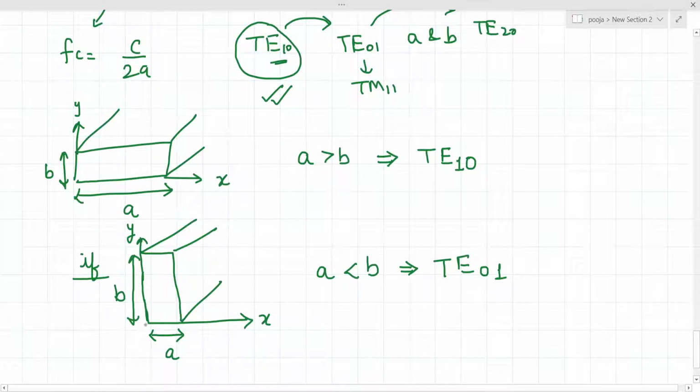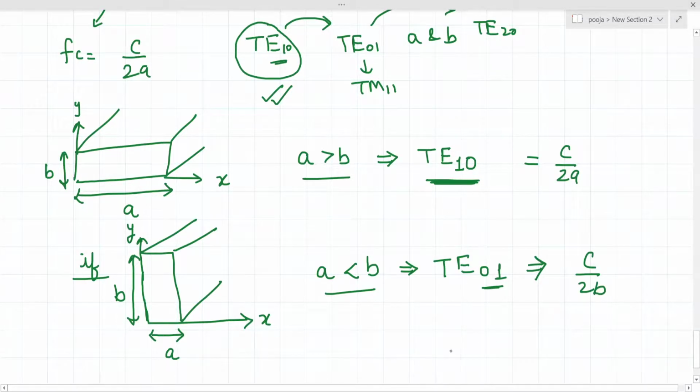Along the y-axis we have the higher dimension, so the dominant mode for the rectangular waveguide will be TE01 for a less than b. If a is greater than b, the dominant mode will be TE10, which is c by 2a, and this is c by 2b. So the dominant mode for this particular waveguide is TE01.